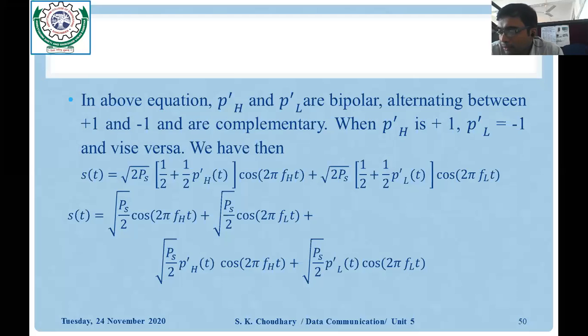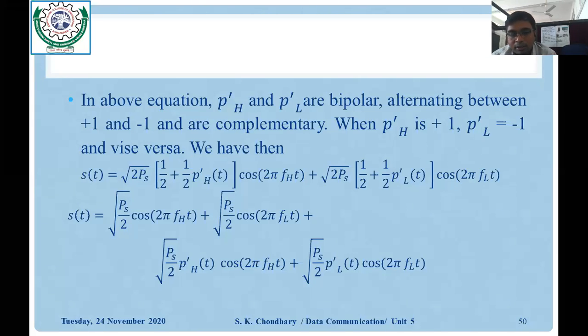Now you can give equation numbers as well, so that it will be simpler for you to understand. In this equation we have 4 terms. The first 2 terms produce the power spectral density, which consists of 2 impulses, one at FH, another at FL.